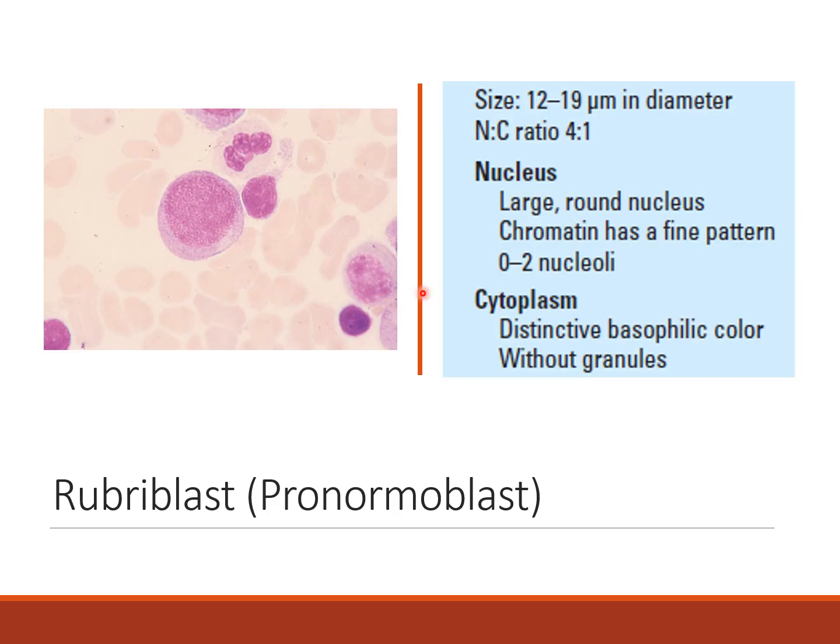The cytoplasm is a distinctive basophilic color without granules, okay? So we don't see any granularity here in the cytoplasm, but it does have that bluish purple color or that pinkish purple color all the way around, okay?